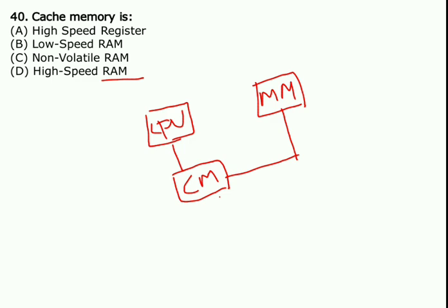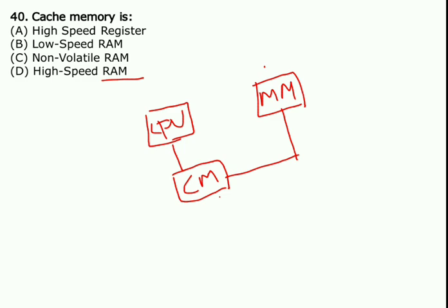And compared to main memory, cache memory has less capacity. To increase the performance and speed of the computer, we use the cache memory here. The cache memory is also called CPU memory, which is a random access memory that a computer microprocessor can access more quickly than it can access regular RAM.